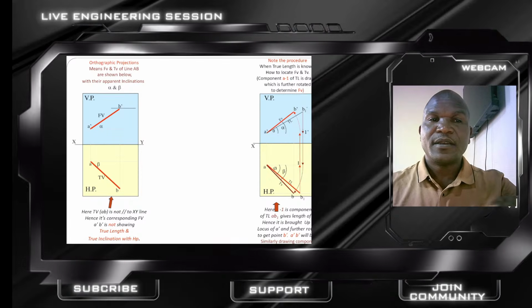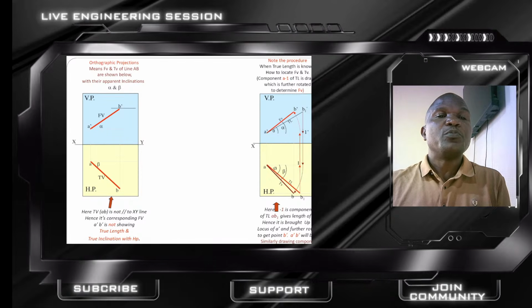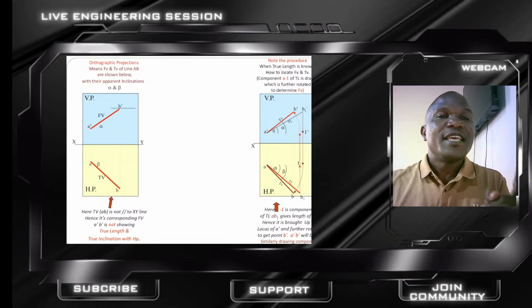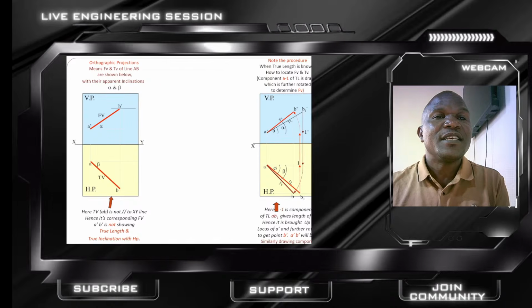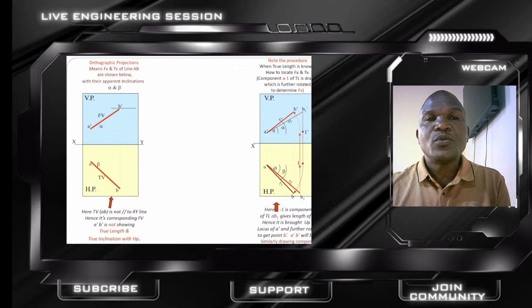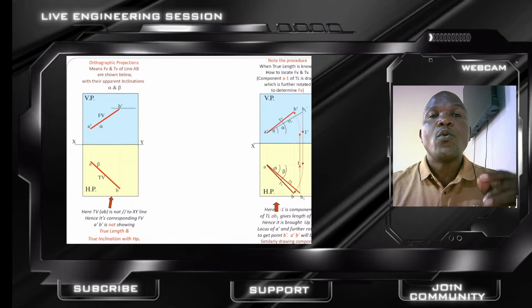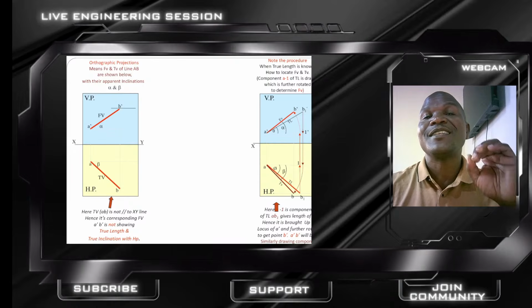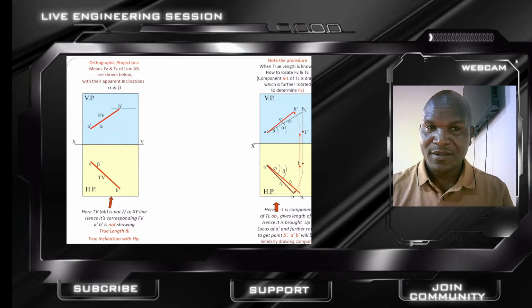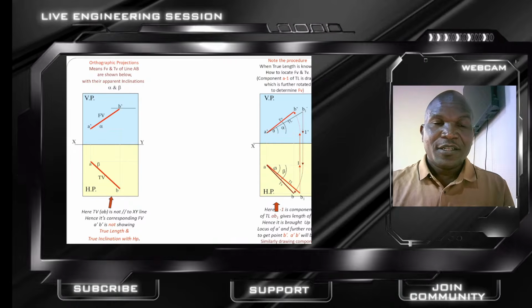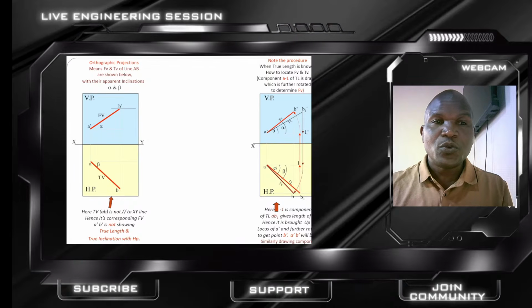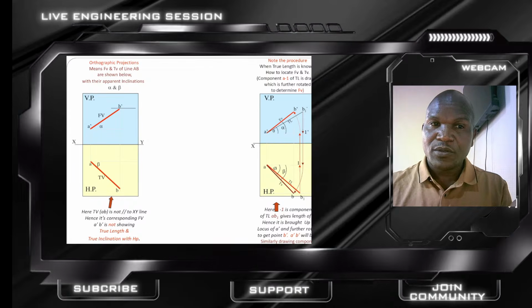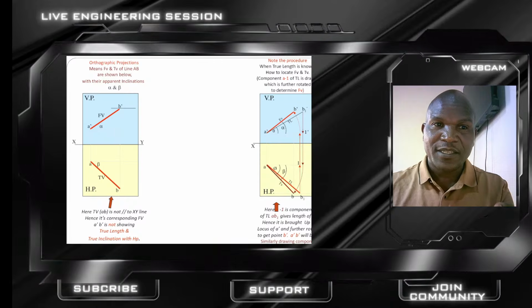You draw the plan, and upon drawing the plan, you project the elevation. And remember, inclination appears in the view where it's not parallel. I repeat again, inclination appears in the view where it's not parallel. That gives us two options, which we'll see in the next slides.